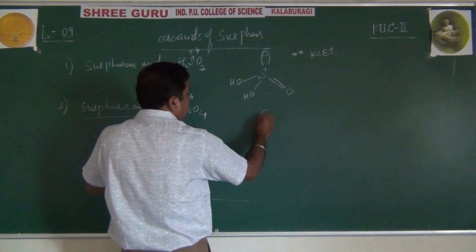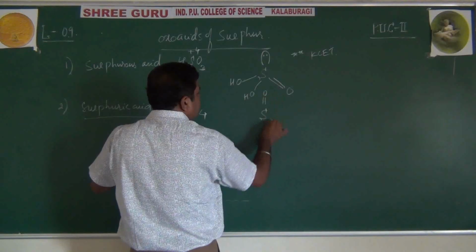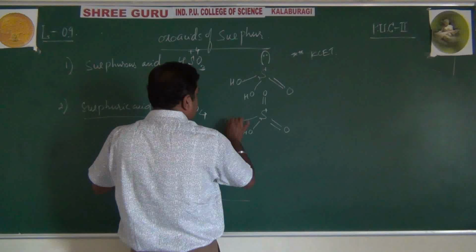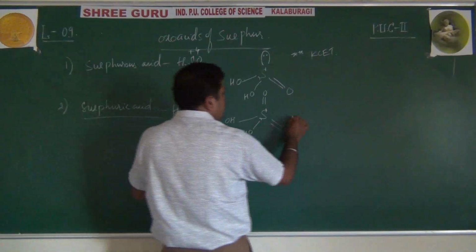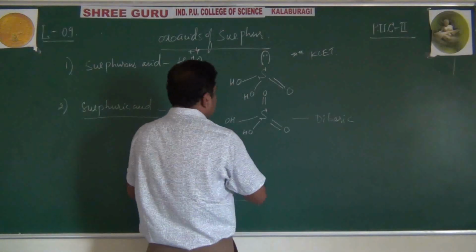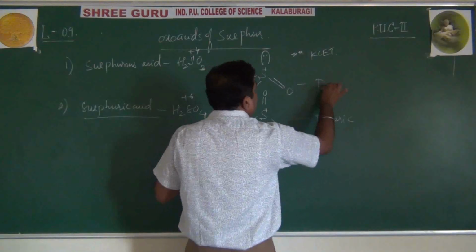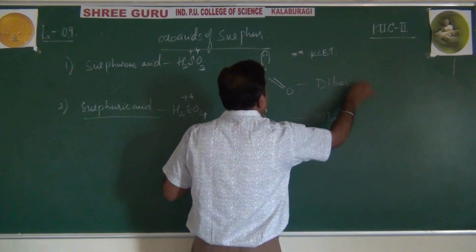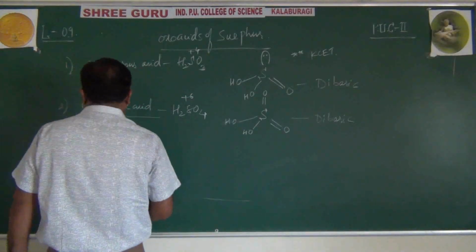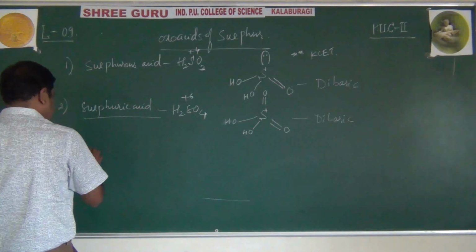Here the sulfur has a double bond oxygen atom, OH and OH. Remember, this is dibasic.